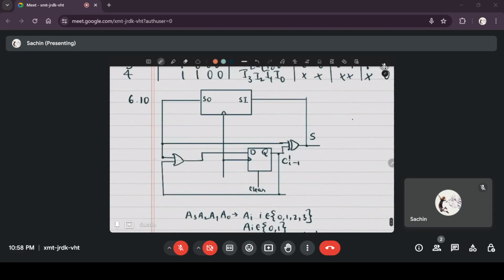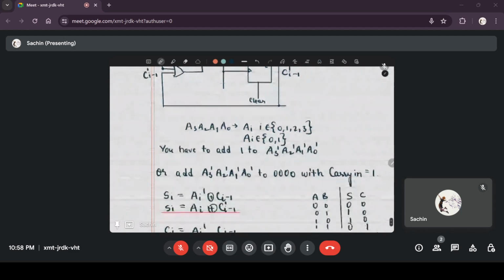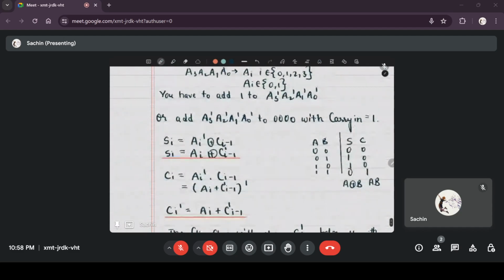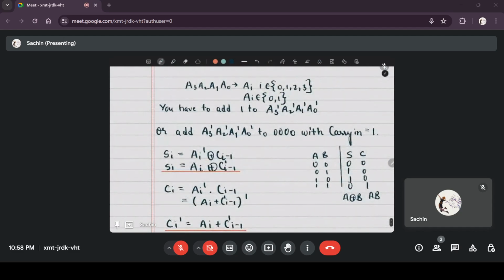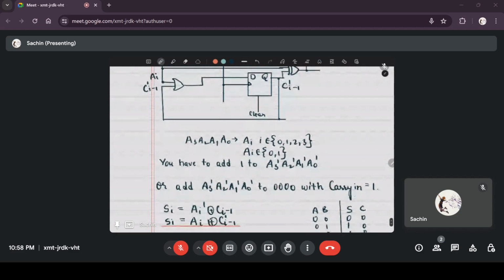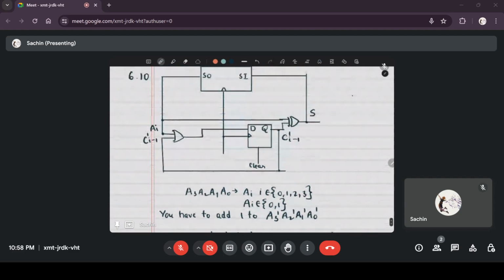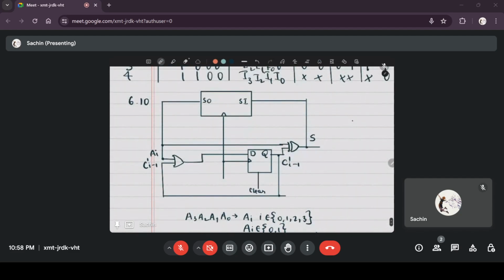So you have ci minus 1 here, ci minus 1 complement here, and ai here. So the OR of those is fed as the input, which will come as the output in the next stage. And the sum is nothing but ai XOR ci minus 1 complement. So it's ai XORed with ci minus 1 complement.